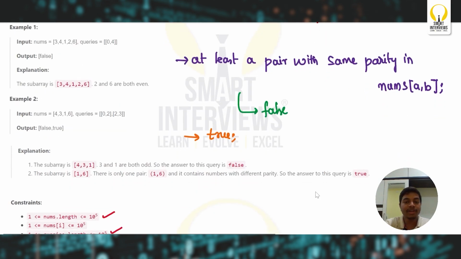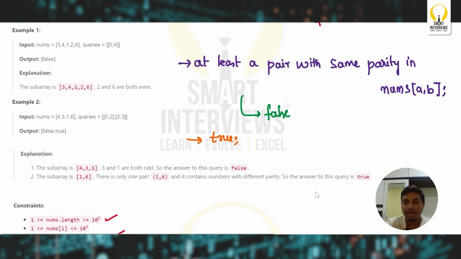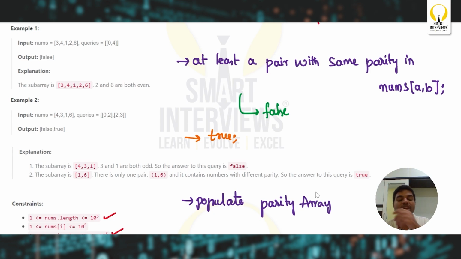Yes. Let us start figuring out how we can populate an array. Let us say a parity array, a same parity array. Instead of storing the starting index as well as the ending index of each and every pair, what if you can simply store the starting index of a pair of the parity? Yes, like of the particular adjacent pair.